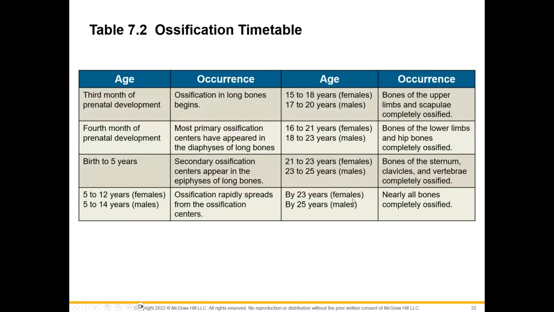So here it shows basically for females, by 23 years of age, females' bones have completely ossified. For males, it's not until age 25. Okay, but it depends on which bones you're talking about, because some of the bones will ossify sooner than other bones.